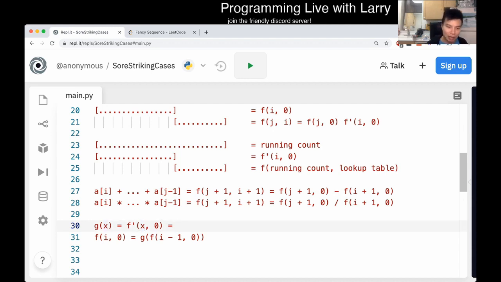So basically now that we have these functions, that's basically all we need.